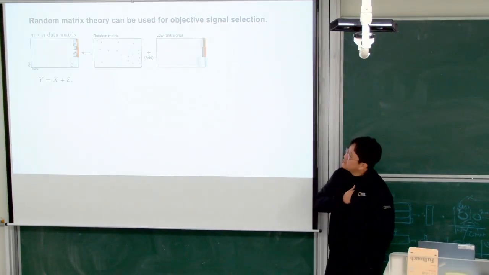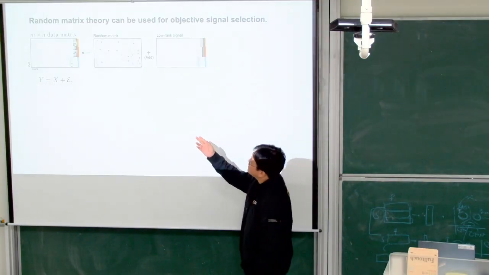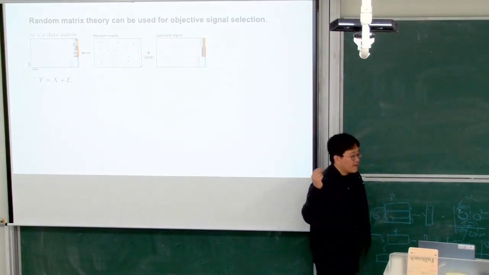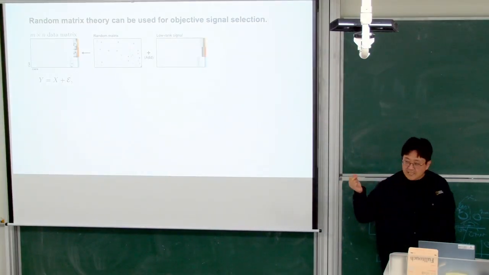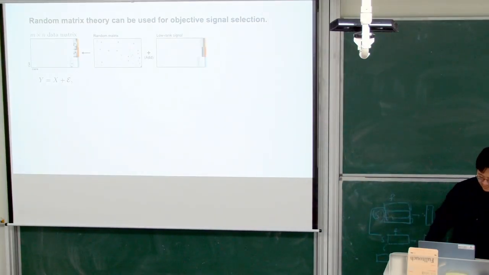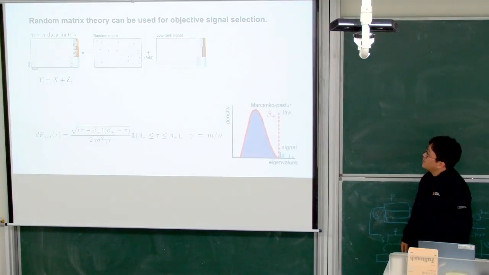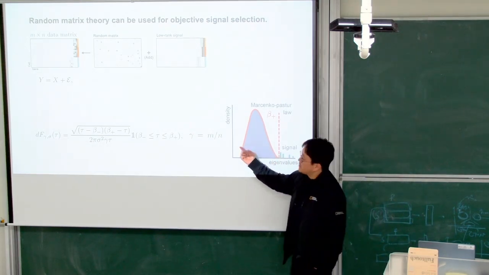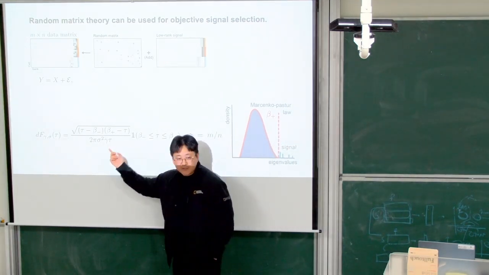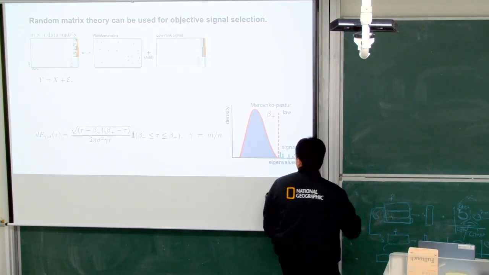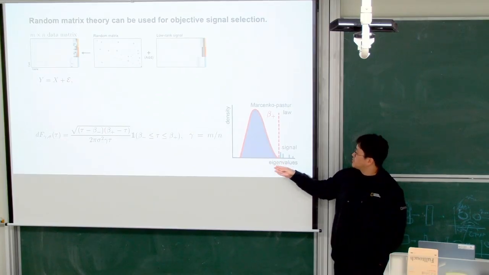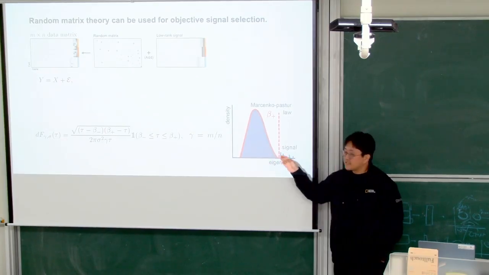So if you consider this data matrix as the summation of the signal X and noise E, then the eigenvalues of this matrix will follow this Marchenko-Pastur distribution, and this is the equation of the MP distribution. One of the properties of this MP distribution is that it has a minimum and maximum value.